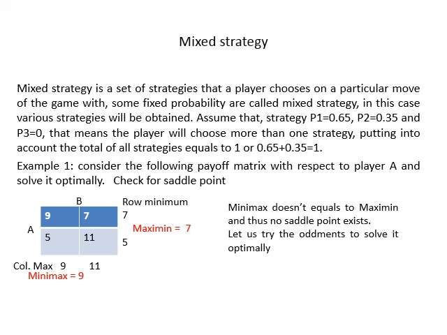Now, given the following matrix where two players are functioning, this matrix consists of 2 rows and 2 columns.